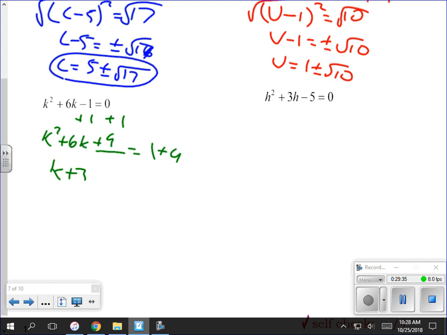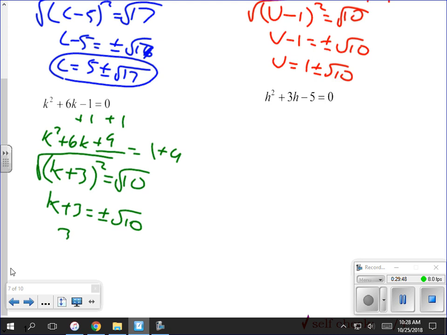And I get k plus 3 squared is equal to 10. Square root both sides. k plus 3 is equal to plus or minus the square root of 10. And then I subtract 3 from each side. So k equals -3 plus or minus the square root of 10.